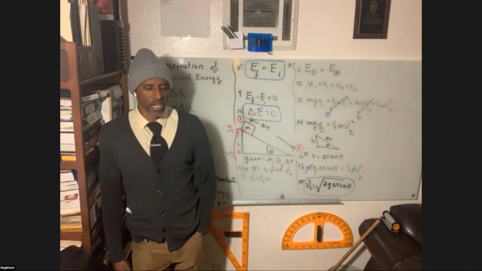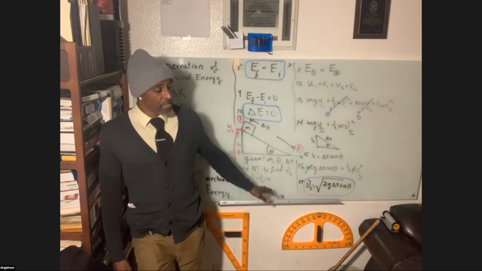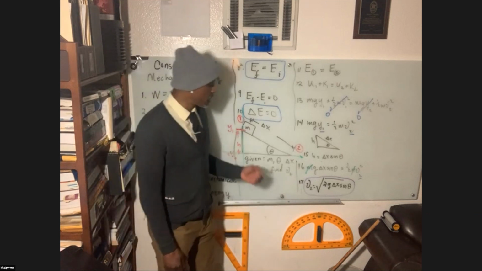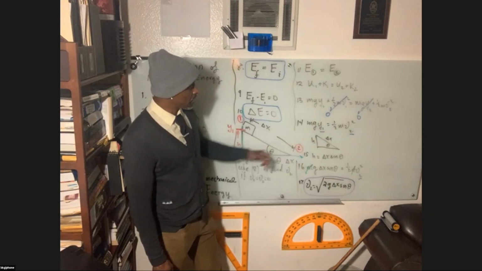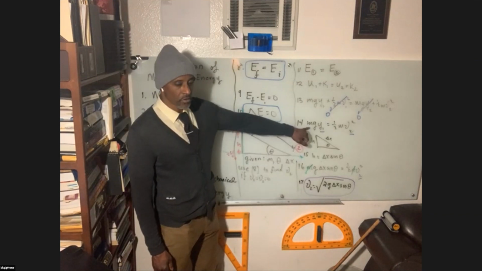It's basically what you said. Negative work takes energy out of the system. It converts the mechanical energy to heat. So it'll have less mechanical energy when it gets down to the bottom. Whereas in the case of the frictionless, all of the potential energy was converted to kinetic. That's what this equation is saying right here.